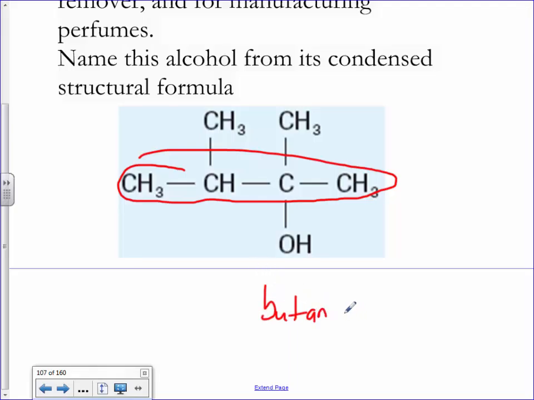Butane. Looks like the alcohol is off of the number 2 branch. 1, 2, 3, 4. So it's a butan-2-ol, or a 2-butanol. And then you've got 2 methyls. So it's a 2,3-methyl butan-2-ol. Good, you caught my mistake. Dimethyl. Good catch.